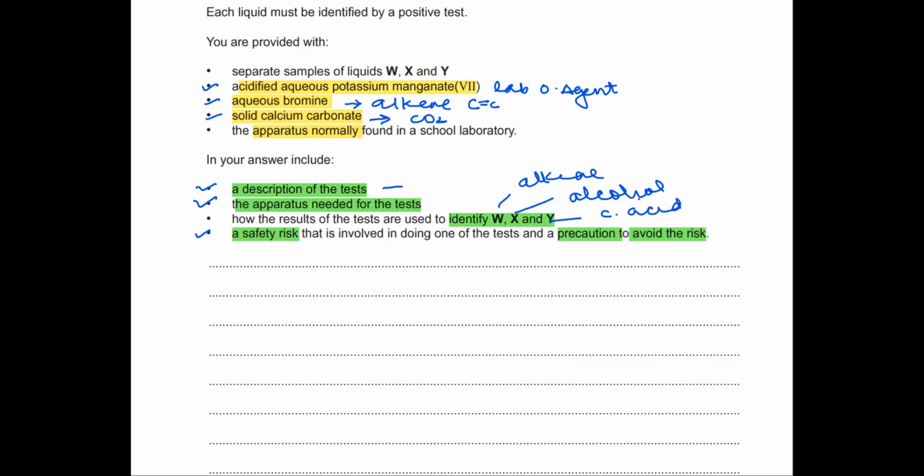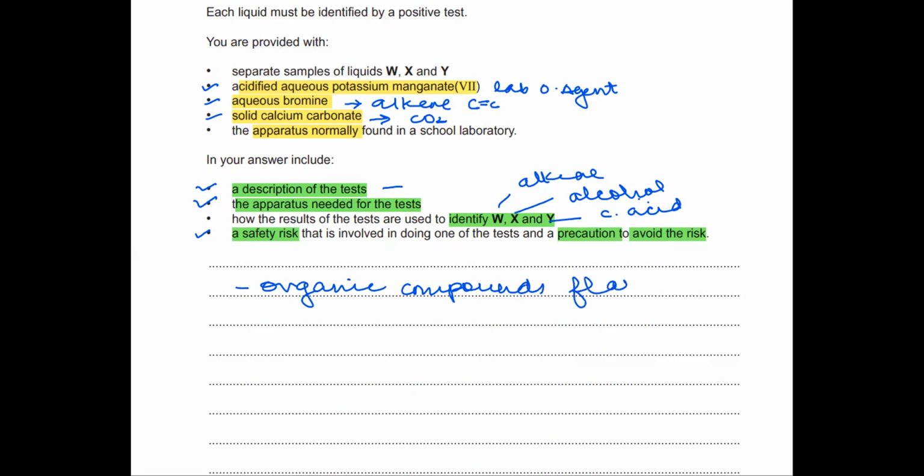Now we need to do the risk assessment. We need to have certain precautions in order to avoid any risk. We know that all the organic compounds, whether they are alkenes, alcohols or carboxylic acids, are highly flammable.